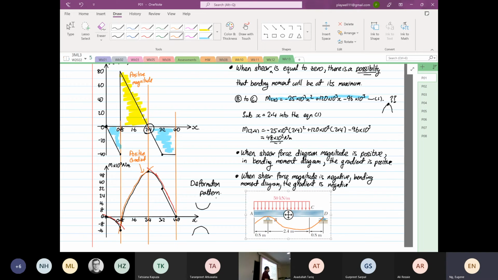So this question asks, what is the maximum stress acting on our structure? So we have to pick points. Now, remember, we are combining shear force and bending moment. Now, where should we analyze?